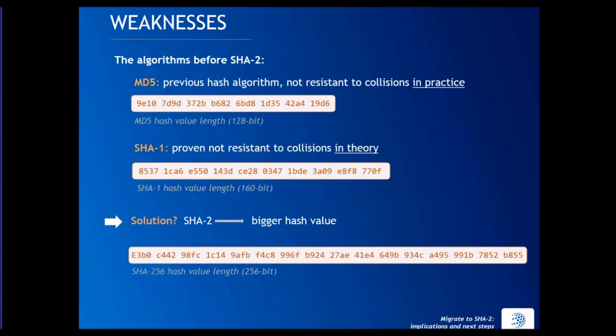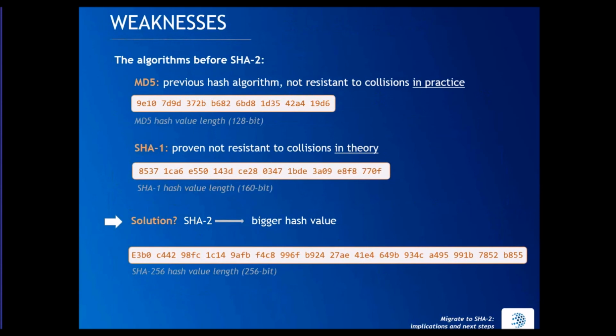Earlier we spoke a little bit about MD5 and the reason why it's obsolete. It's because it's too short. It's not resistant to collisions in practice. So in the past, with MD5, attackers produced colliding messages: one with the contents of a benign end entity certificate and one with the contents of a malicious certificate.